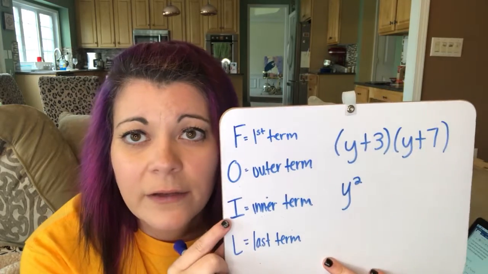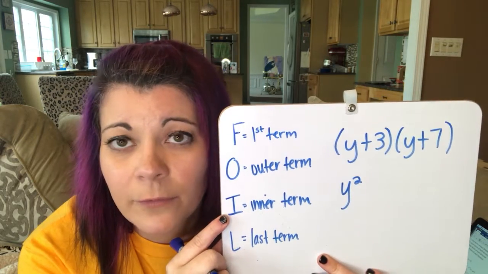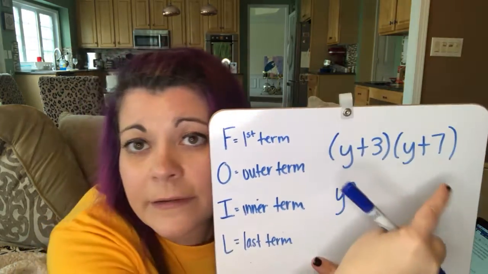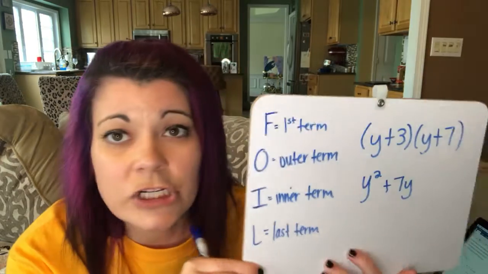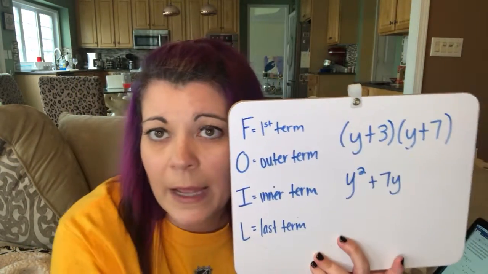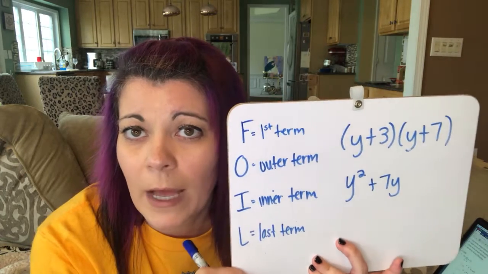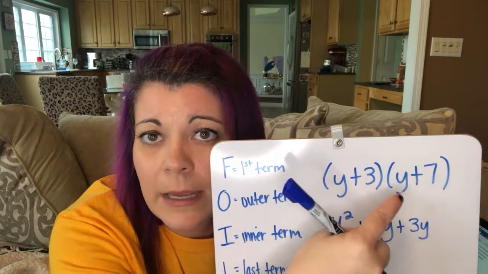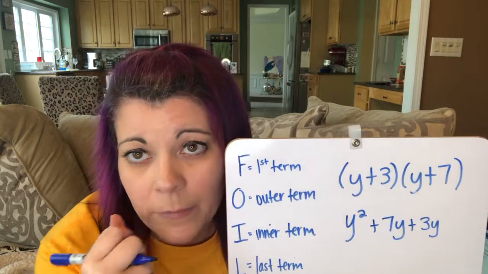So y times a positive 7, because that's positive, is a positive 7y. So plus 7y. And then the inner terms, if we think about outer, the inner terms are 3 and y. So 3 times y is 3y, and they're both positive. It's a positive 3 and a positive y, so both positive.